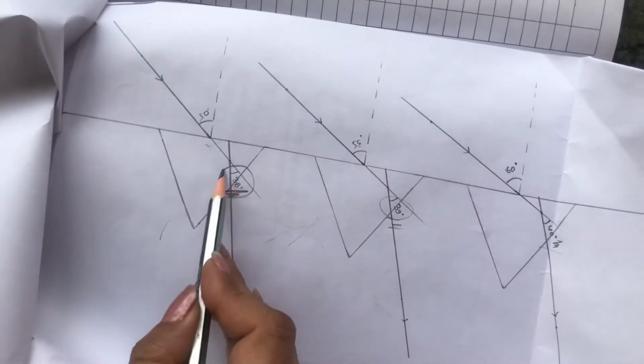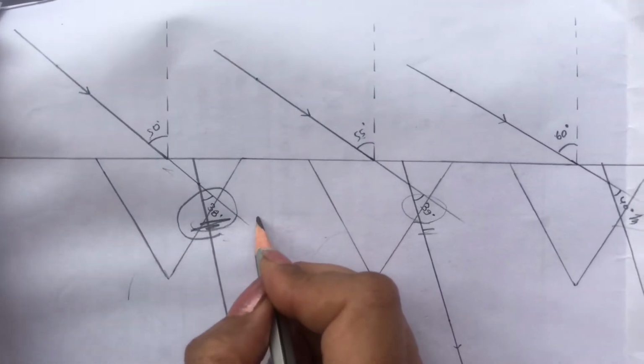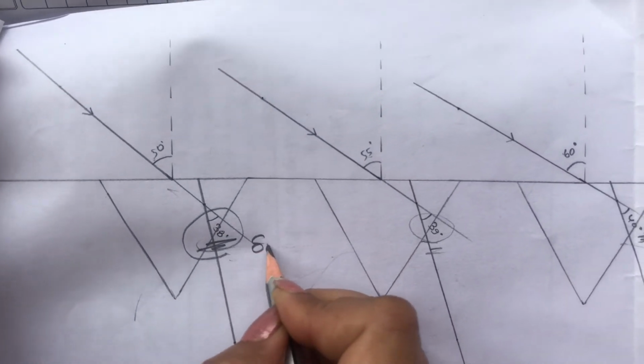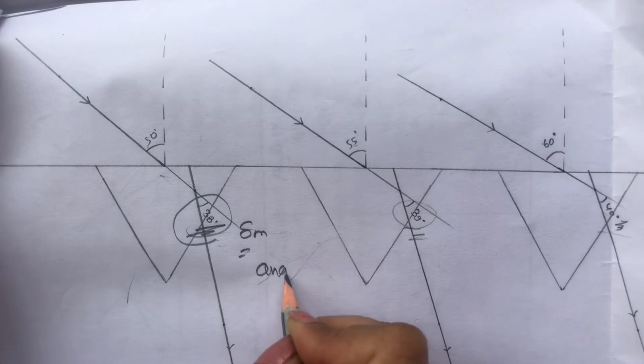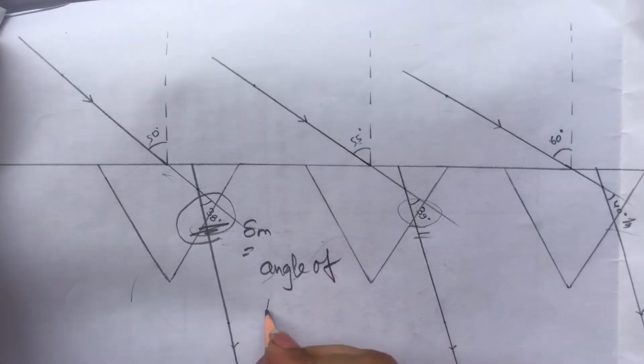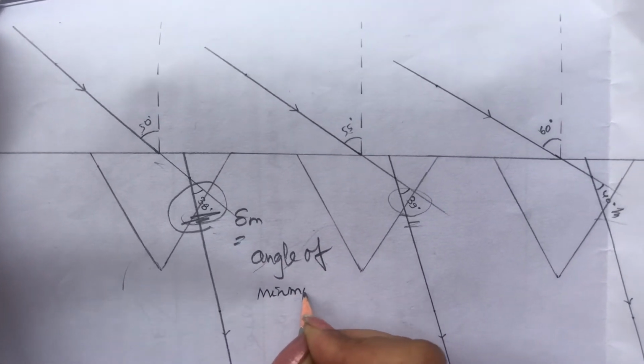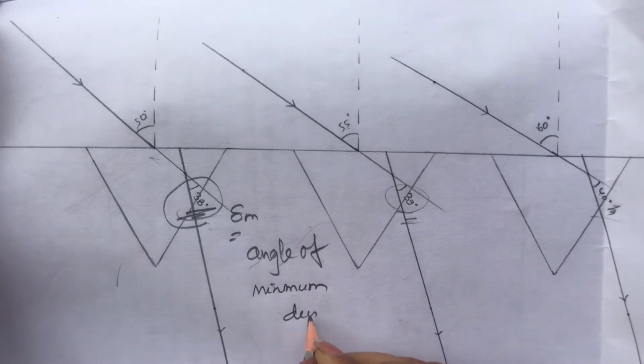So this minimum value of deviation is known as the angle of minimum deviation.